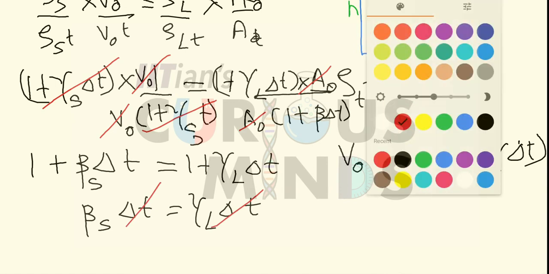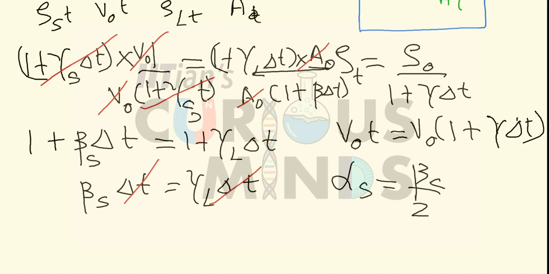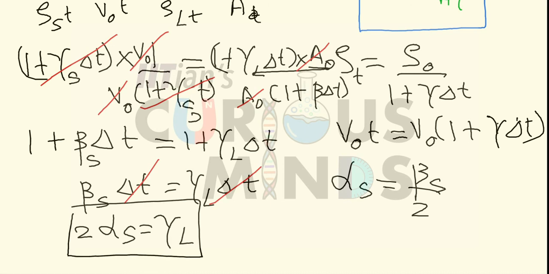So beta for the solid will be equal to gamma of the liquid. Now alpha for the solid is equal to beta divided by 2, so beta for the solid is 2 times alpha for the solid, equal to gamma L. So this is the relationship between the coefficient of volumetric expansion for the liquid and the coefficient of linear expansion for the solid.